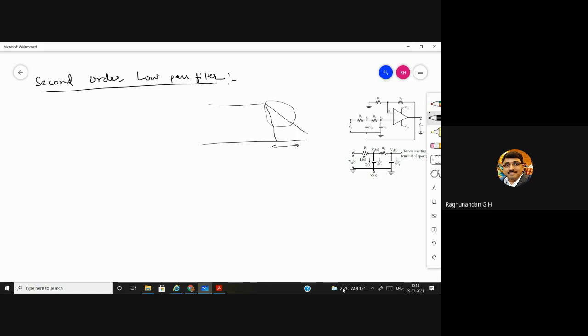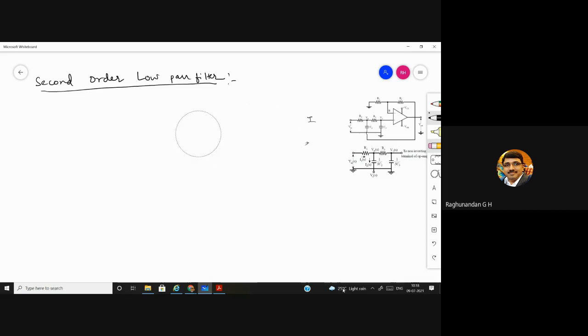See here, this is the first order, this is the second order. Even though the gain keeps reducing in the first order, the frequencies are still allowed. But when the roll-off factor is more, the gain will be reducing fast, so the unwanted frequencies will be reduced soon.